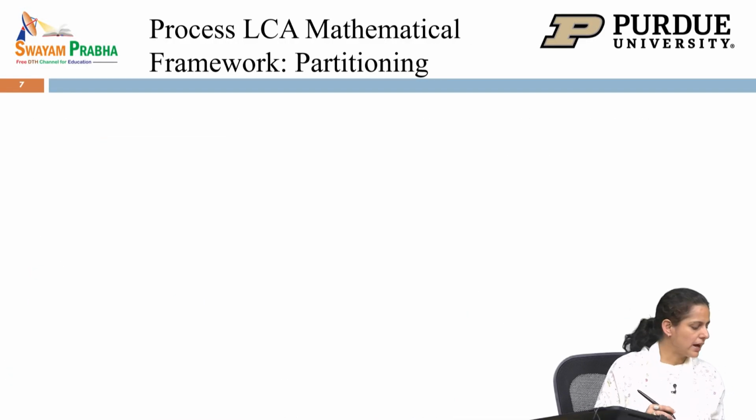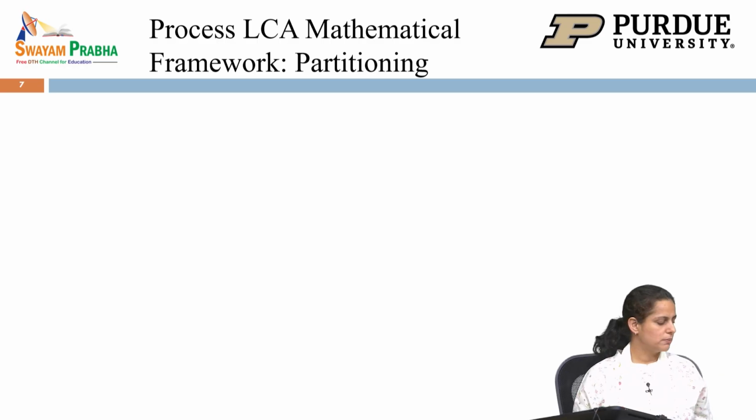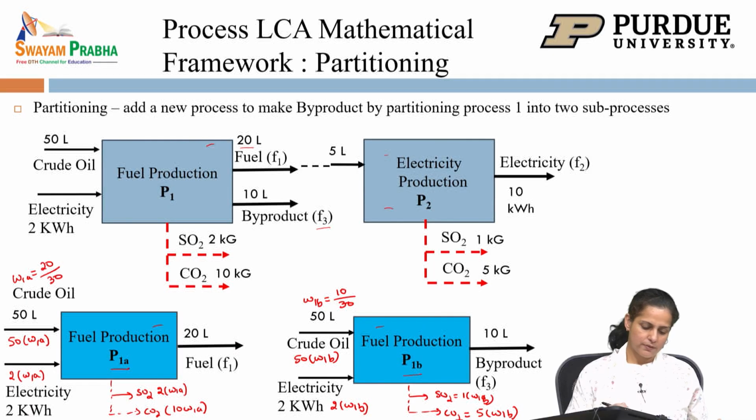First, we have the balance for the fuel system. We have our fuel as 20 times, this is being produced in the system, and we will have S1A, which is the scaling factor for the process 1A, and S1B, which is the scaling factor for process B. So, for the fuel it will be 20 times S1A minus whatever is being consumed, 5 times S2, and that is the whole thing that is being consumed.